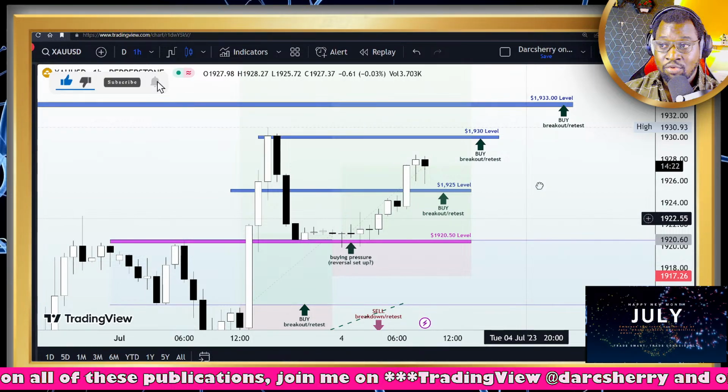Now on the USD JPY, things have been very, very interesting since the beginning of the week. Price has been very, very choppy actually, and I am of the opinion that market participants are very wary of the possibility of the Bank of Japan's intervention in this market.